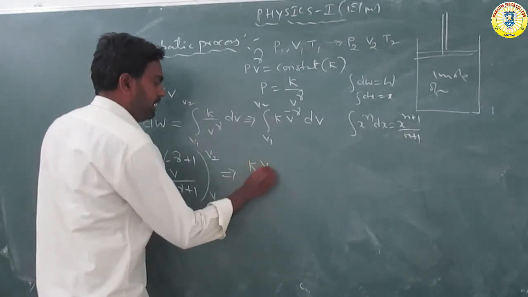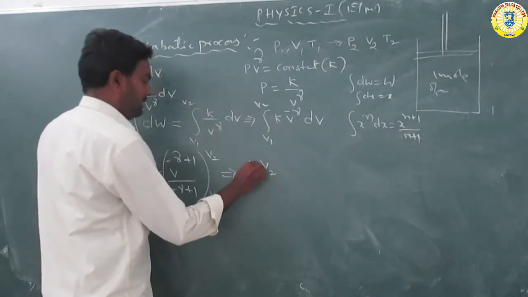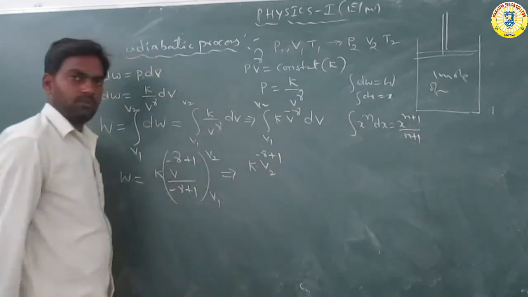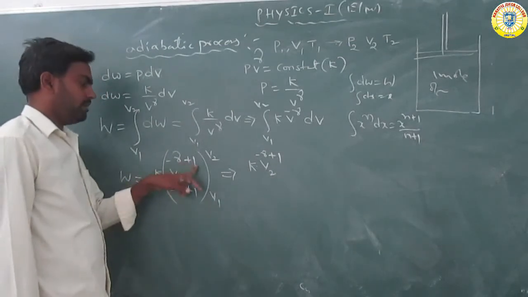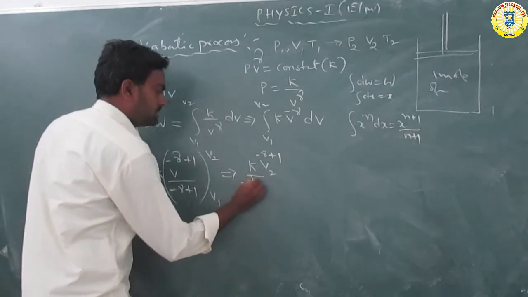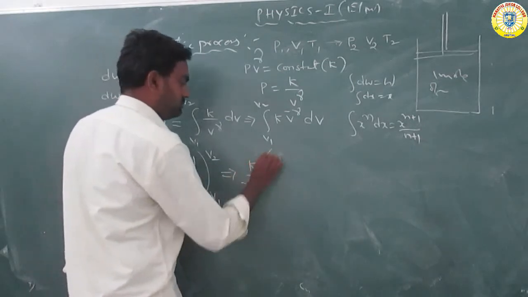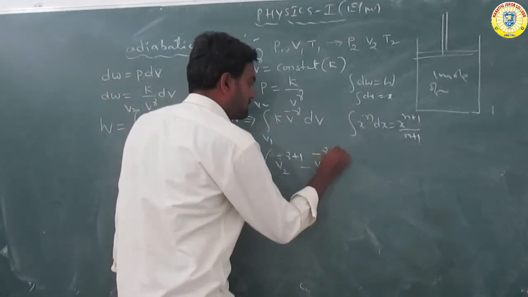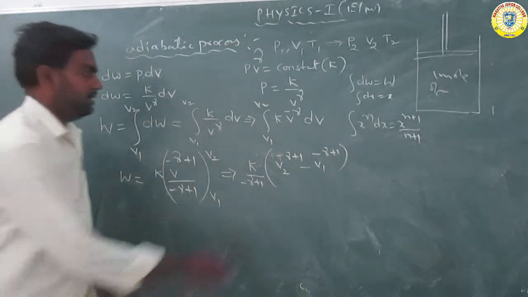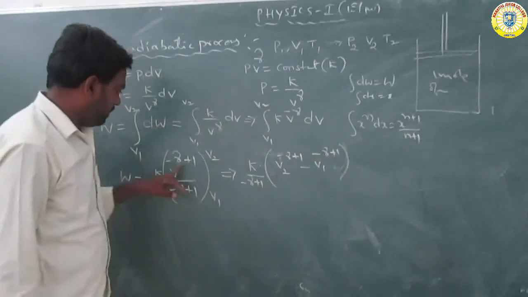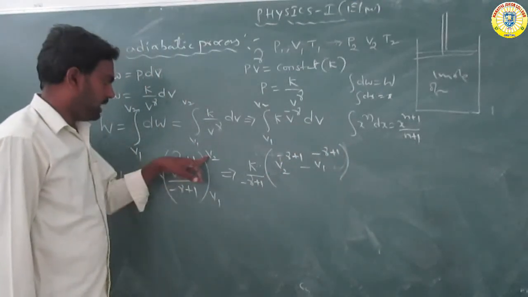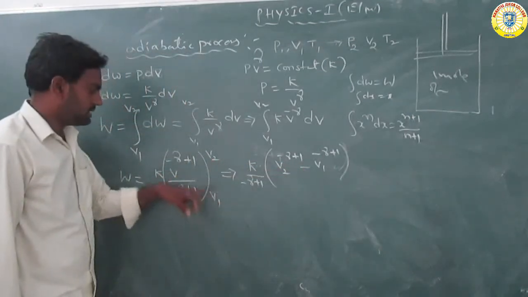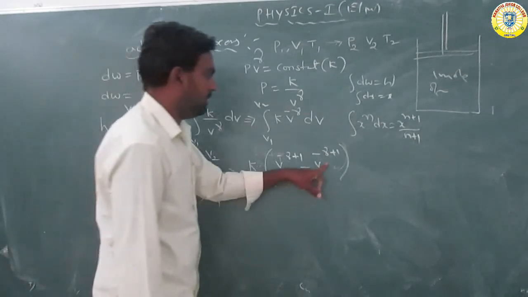So K by minus gamma plus 1 times V2 to the power of minus gamma plus 1, minus V1 to the power of minus gamma plus 1.